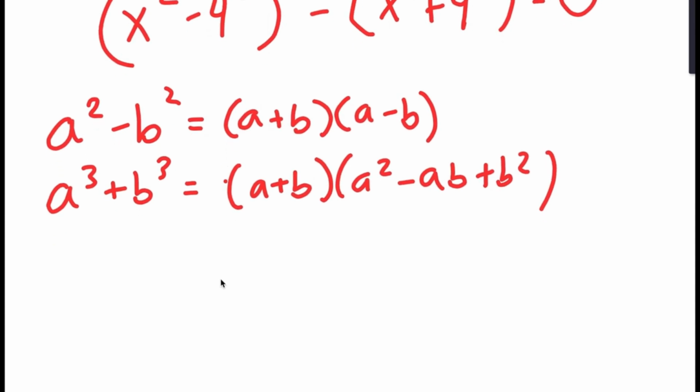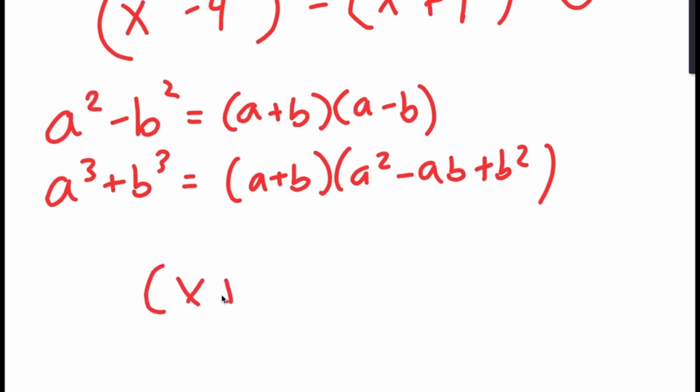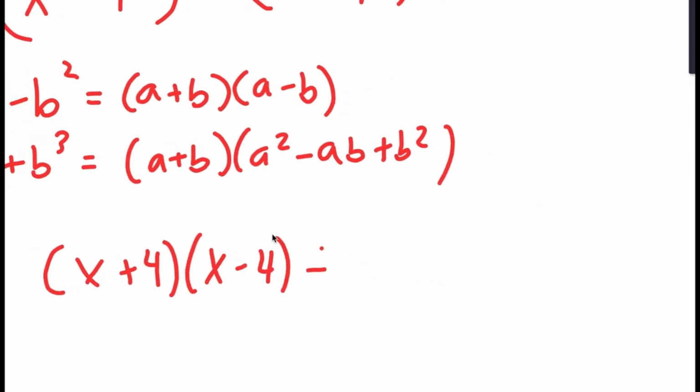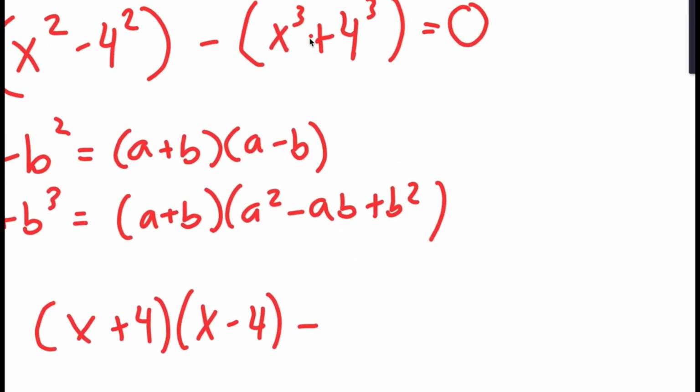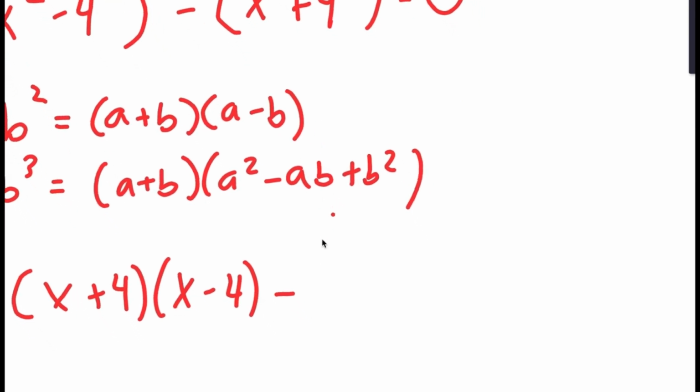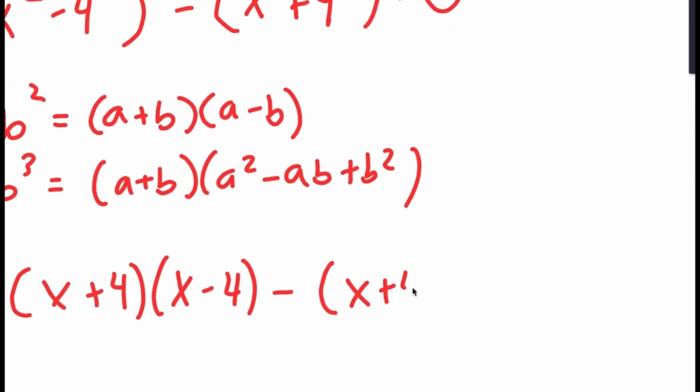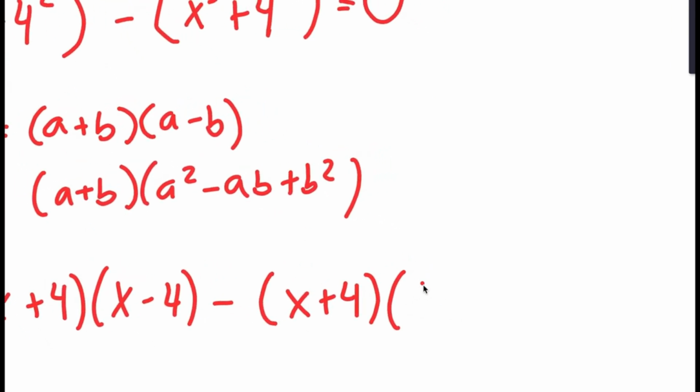So for x squared minus 4 squared, it's going to turn into x plus 4 times x minus 4. I have this minus a to the power of 3 plus b to the power of 3, or in this case, x to the power of 3 plus 4 to the power of 3 is going to turn into x plus 4 times x squared minus 4x plus 16.